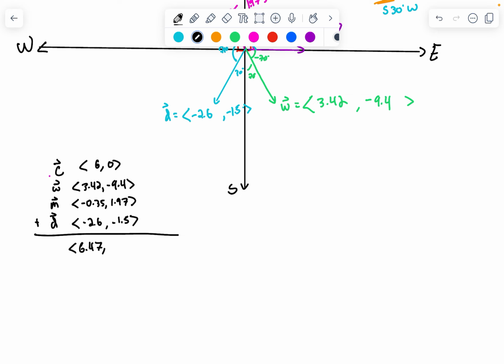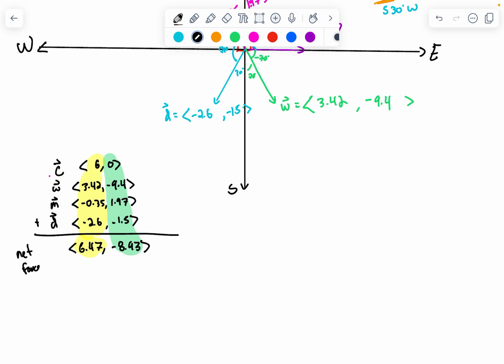You add all the x's, so all my x's get added, get a new x, add all my y's. 0 minus 9.4 plus 1.97 minus 1.5. Okay, we get negative 8.93. Great, so I can just take all my y's, look at my y's, boom, add them all up. And this is great. I get a net force.